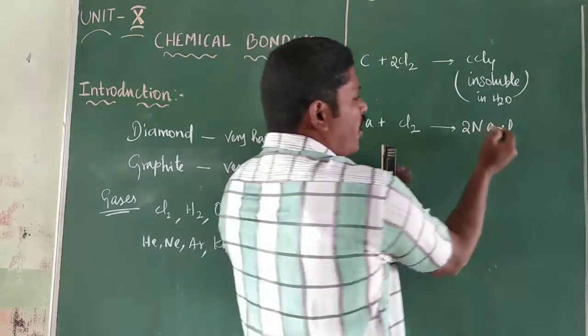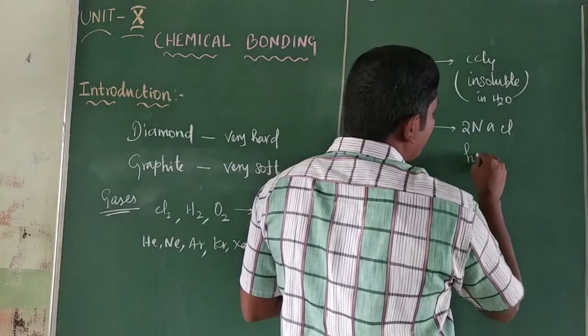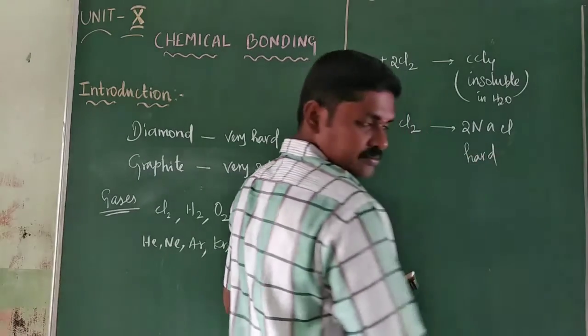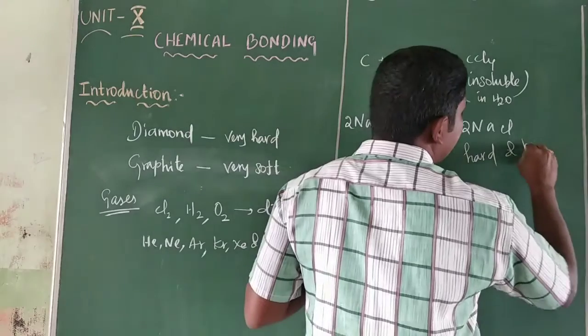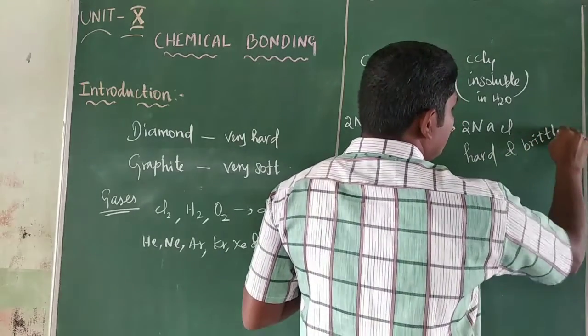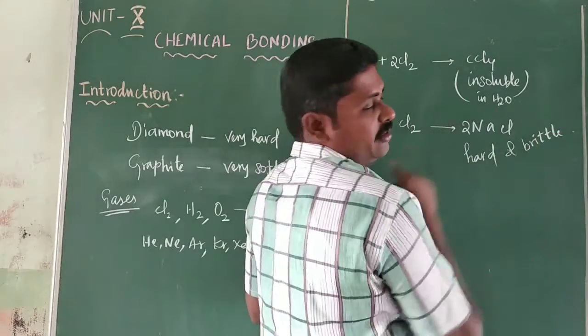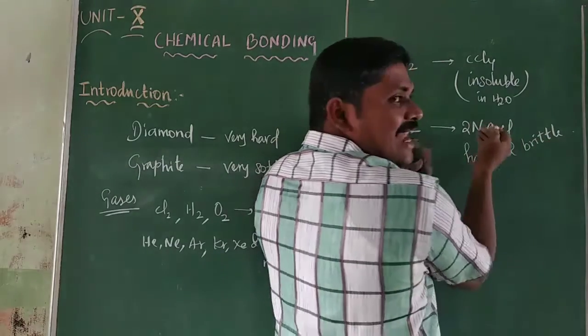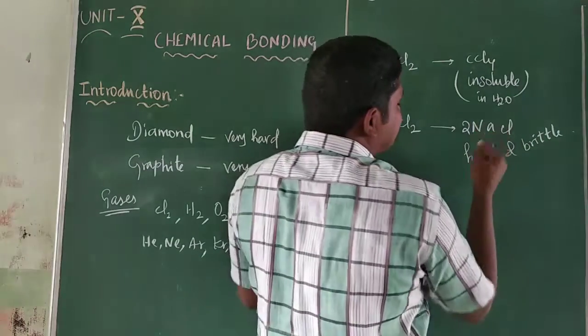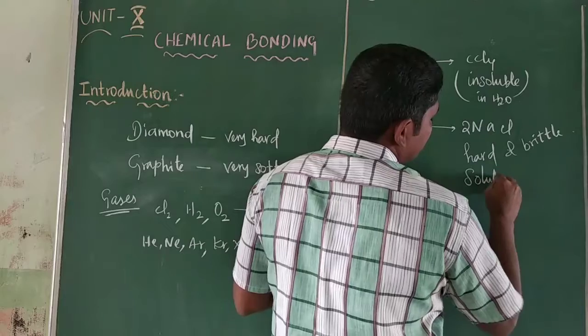Carbon tetrachloride has 1 carbon and 4 chlorine, while sodium chloride has 1 sodium and 1 chlorine. Sodium chloride is a hard and brittle crystalline compound, easily soluble in water.